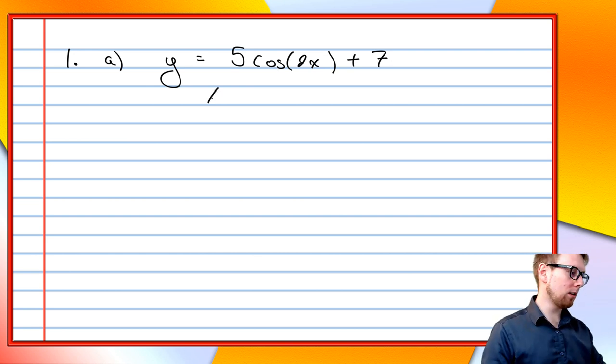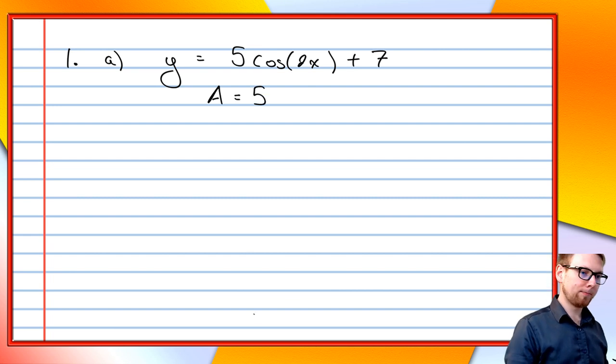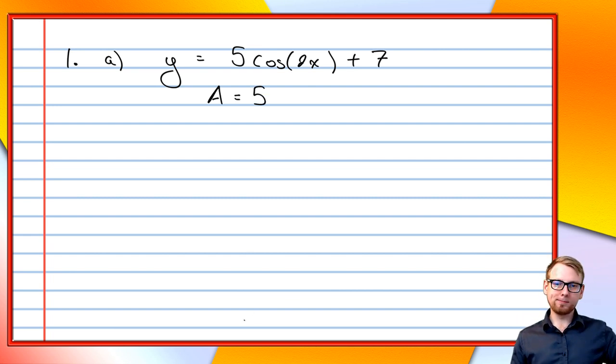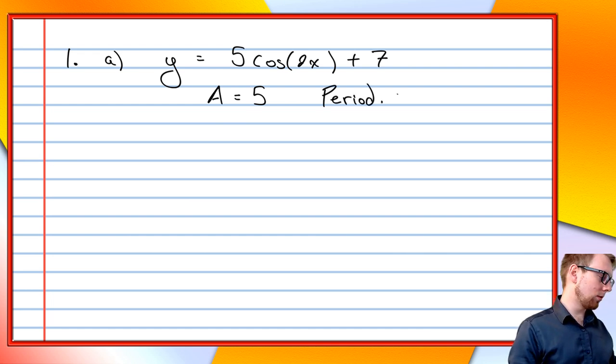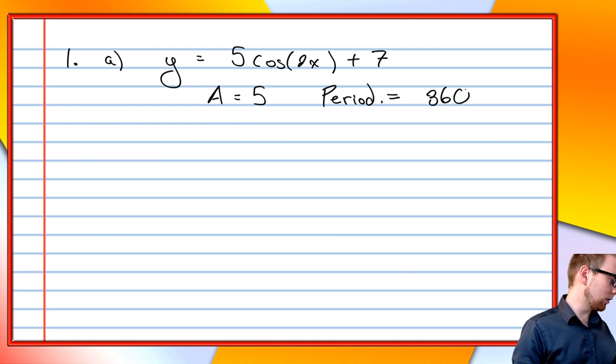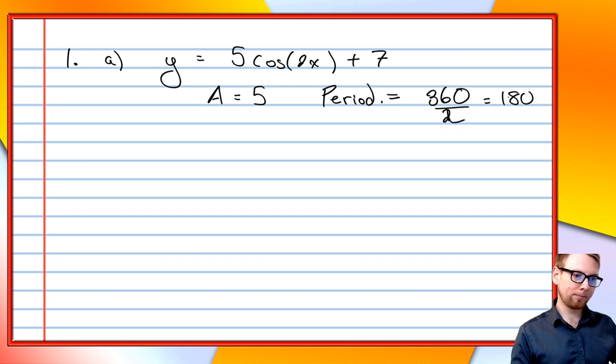Yep, amplitude A is 5. Keep going. Yep. The period, because you used degrees, is 360 divided by b, which is 2, so you get 180 as your period.